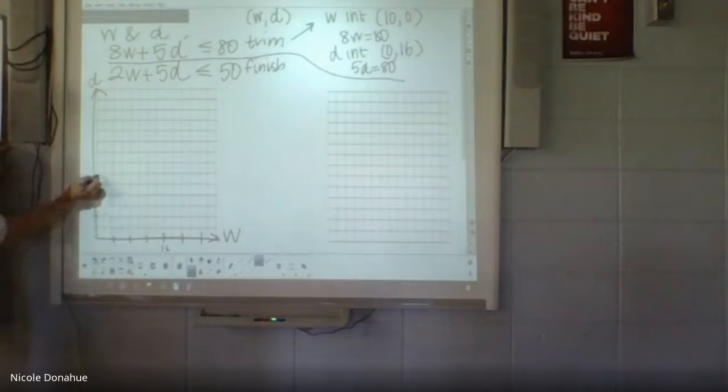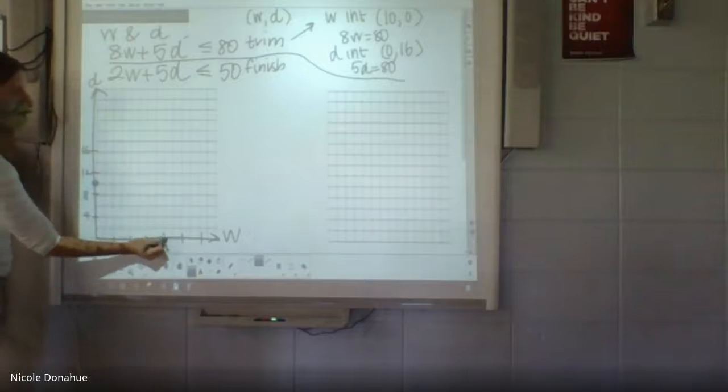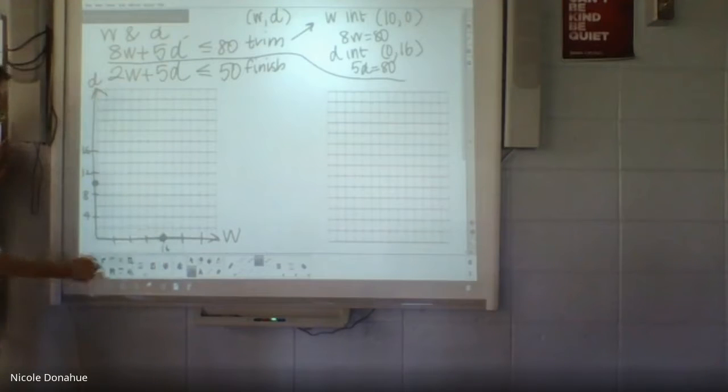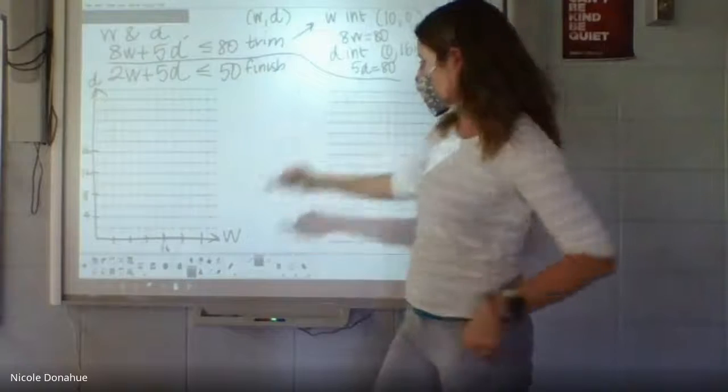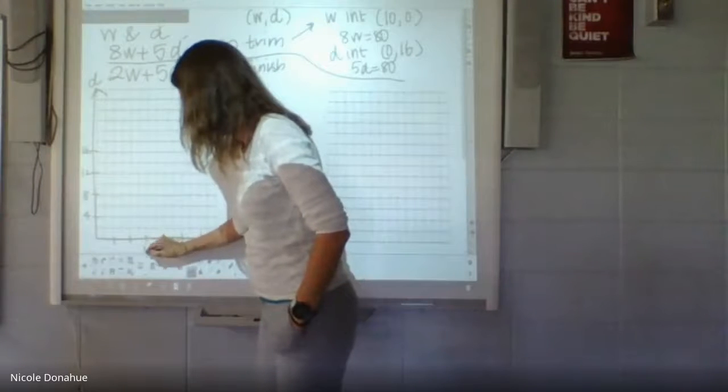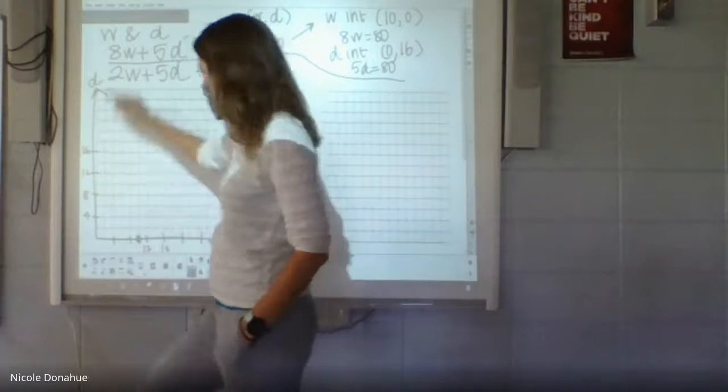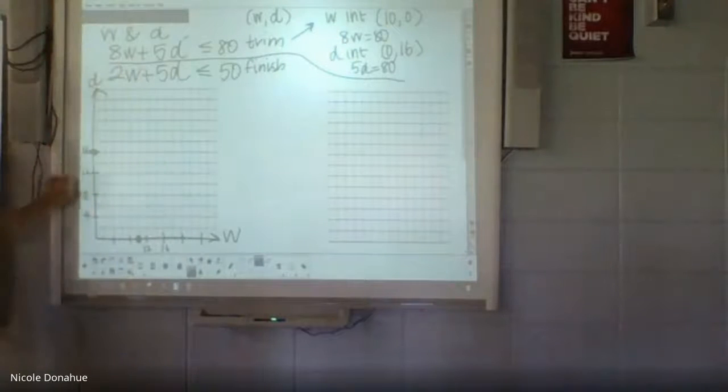So 10 would be here. We have 10, we have 16. Or no, it was the other way. Sorry. So the W-intercept is 10, right here. The D-intercept is 16. So here's my first line.